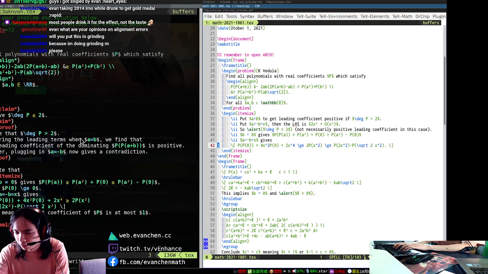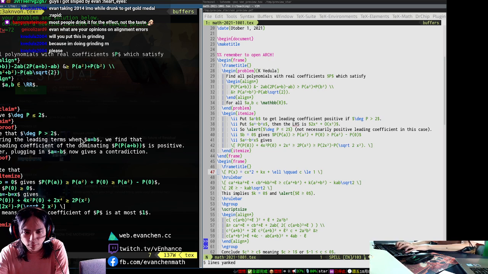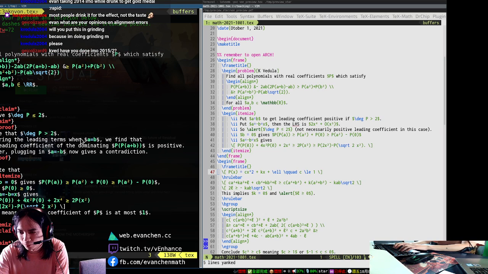Okay, so then what did I do? I don't remember at this point. So, claim: the x coefficient of P is 0 and P of 0 is at least 0.